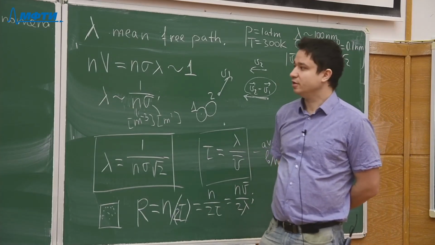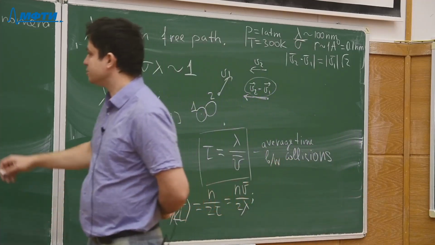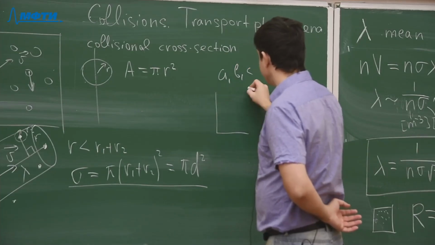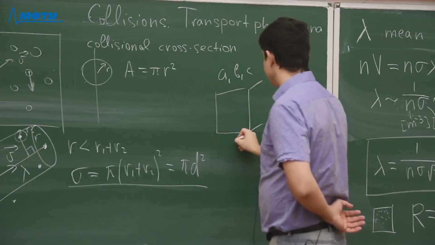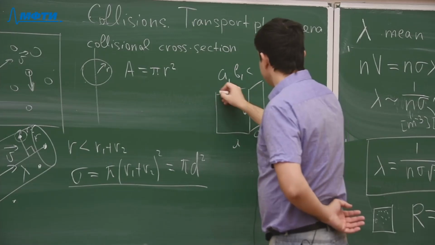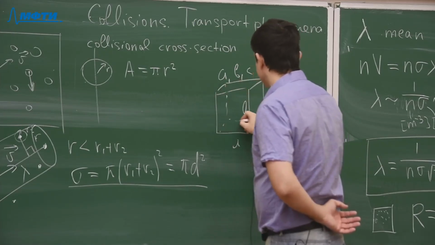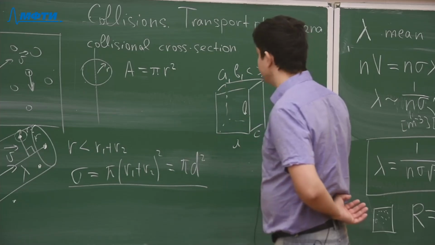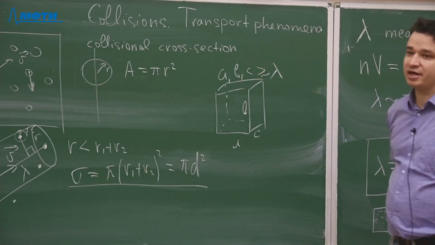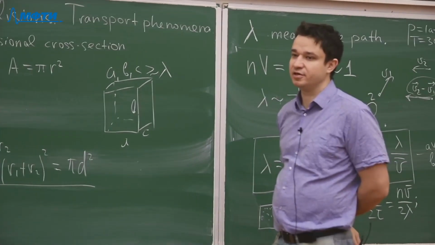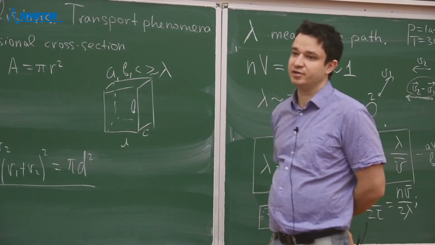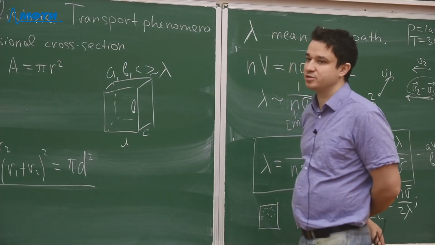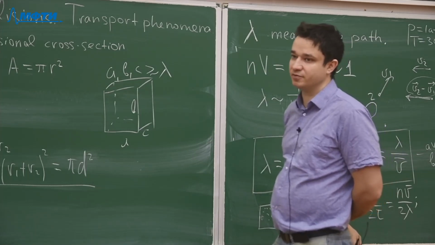So if the characteristic sizes of your system, A, B, and C, for example a box with sides A, B, and C, are somewhat larger than lambda, then we can consider that inside that box we have some local temperature and a local Maxwell distribution, because these collisions allow that Maxwell distribution to be established to begin with.